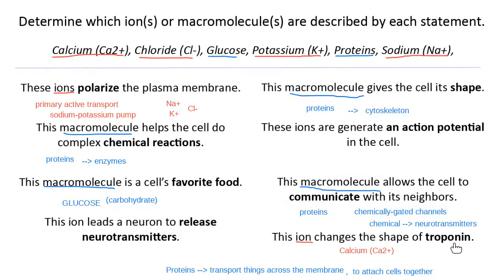That causes my spaghetti noodle, called tropomyosin, to also change its shape. That's going to allow muscle contraction to happen. So the ion that helps us basically start muscle contraction is calcium. Calcium gets rid of that regulatory protein and allows us to do the process of contraction.